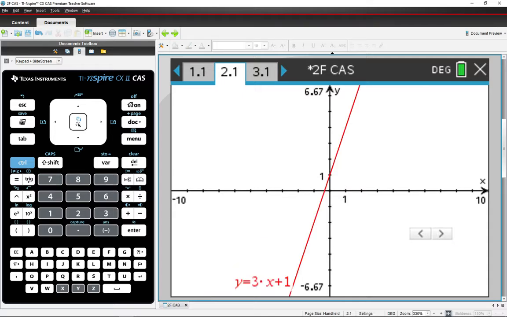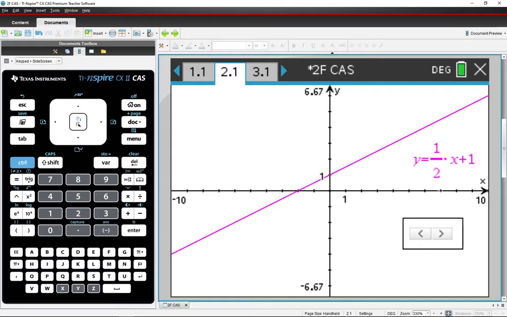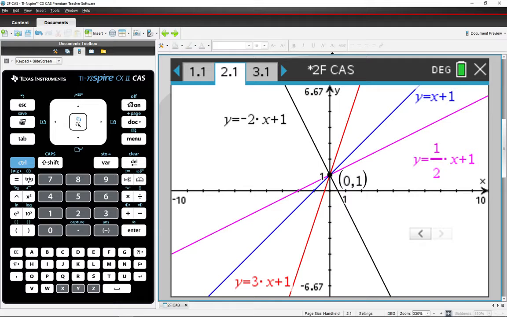Next line, gradient is 3 and y-intercept is 1. Next one, gradient is negative 2 and y-intercept is 1. And finally, the gradient is a half and y-intercept is 1. Looking at all of them together, we've got our fixed y-intercept at 0, 1, and we've got our various gradients.